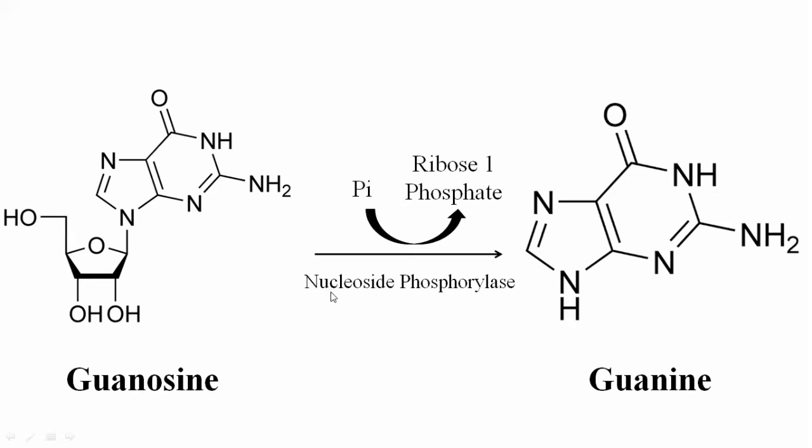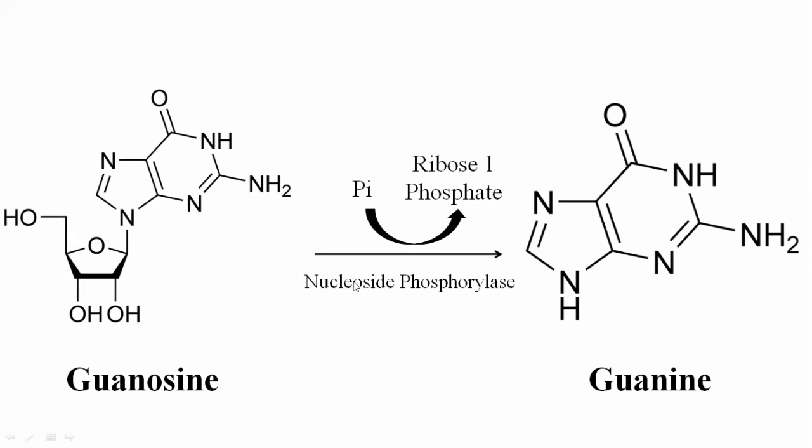Okay. So this nucleoside phosphorylase, in the presence of phosphate, this phosphate will attach to, this is the structure of the ribose sugar. This phosphate will attach to the carbon number 1 of this ribose sugar. Then it will become ribose 1 phosphate, because this phosphate will attach to the first carbon of this ribose sugar. Then this ribose 1 phosphate will be free and this guanine will be free.